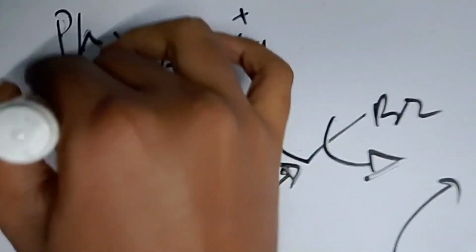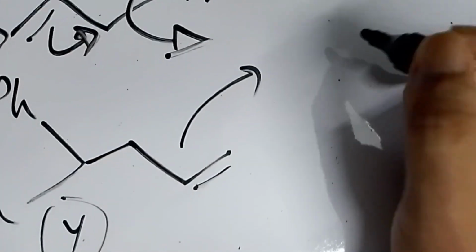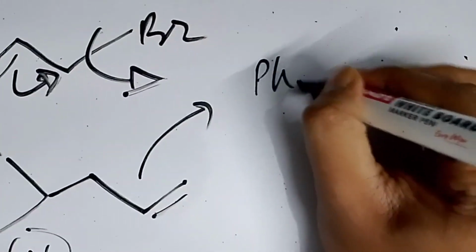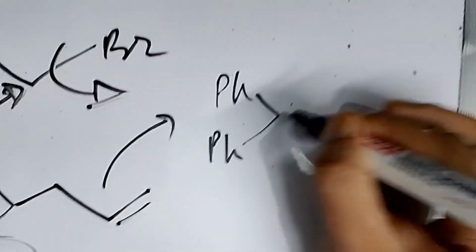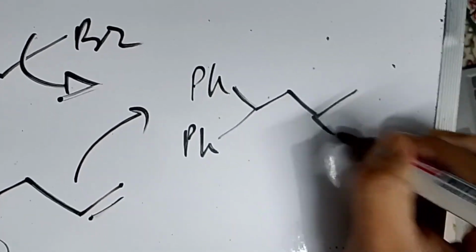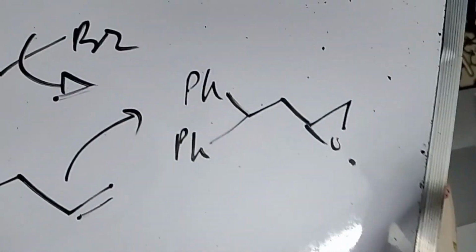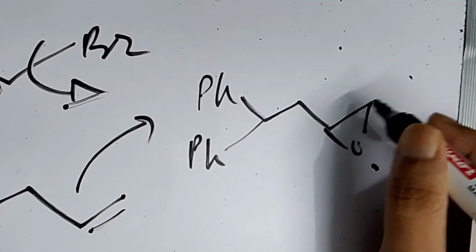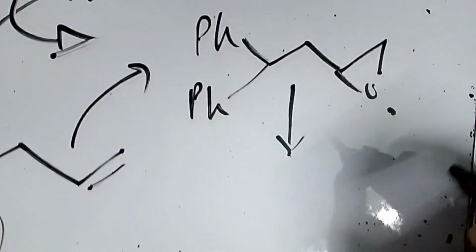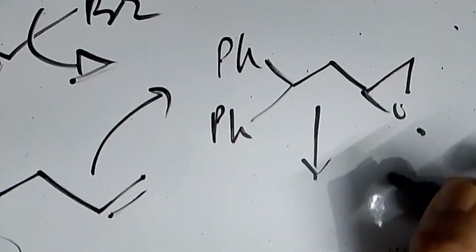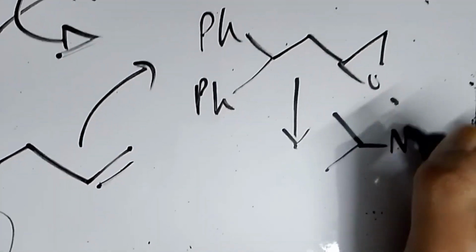Third step: this is Y, and this was initially our X. Y is then reacted with MCPBA, so we form an epoxide, and this epoxide is further reacted with an amine, which is this.